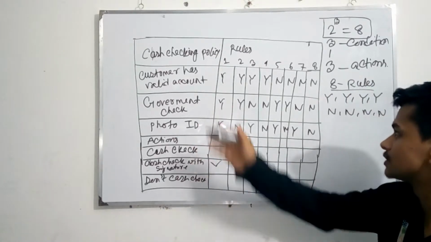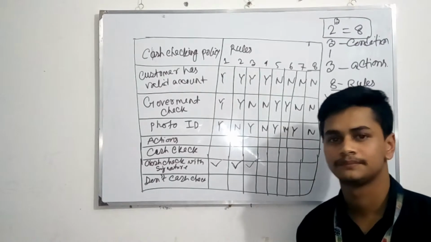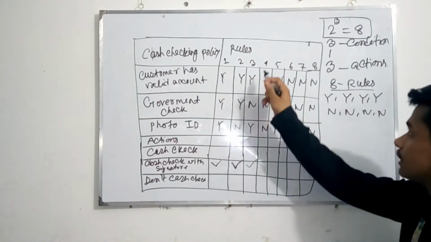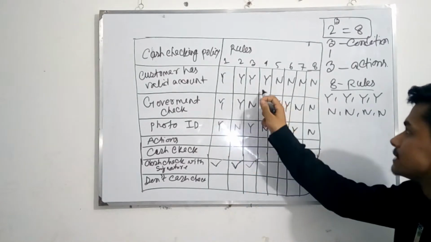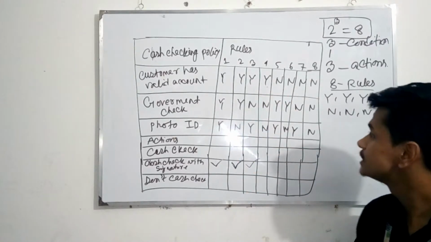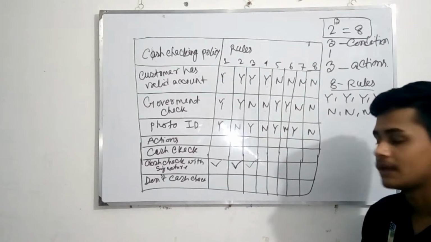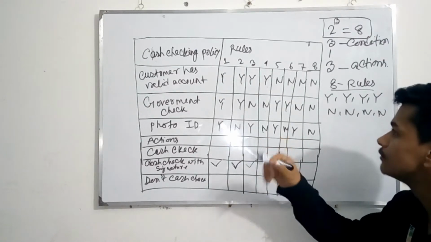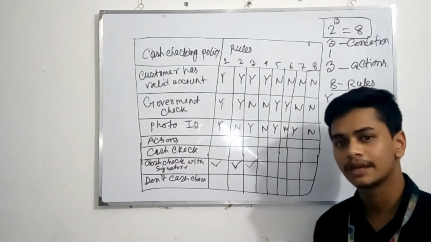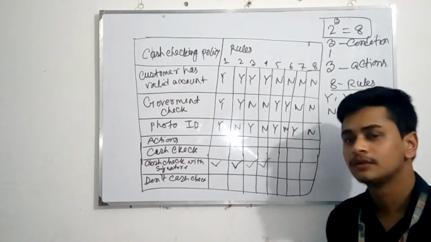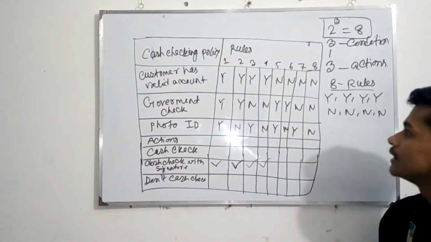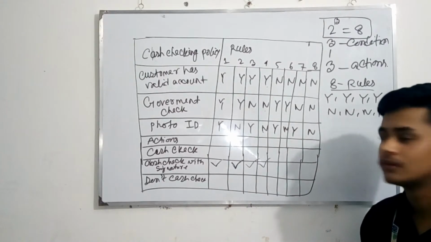So this condition is not considered. In rule number 4, customer has valid account number, yes. Government check, no. And photo ID also no. But we know that a customer with only a valid account number can cash check with signature. In rule number 5, customer has valid account number, no.